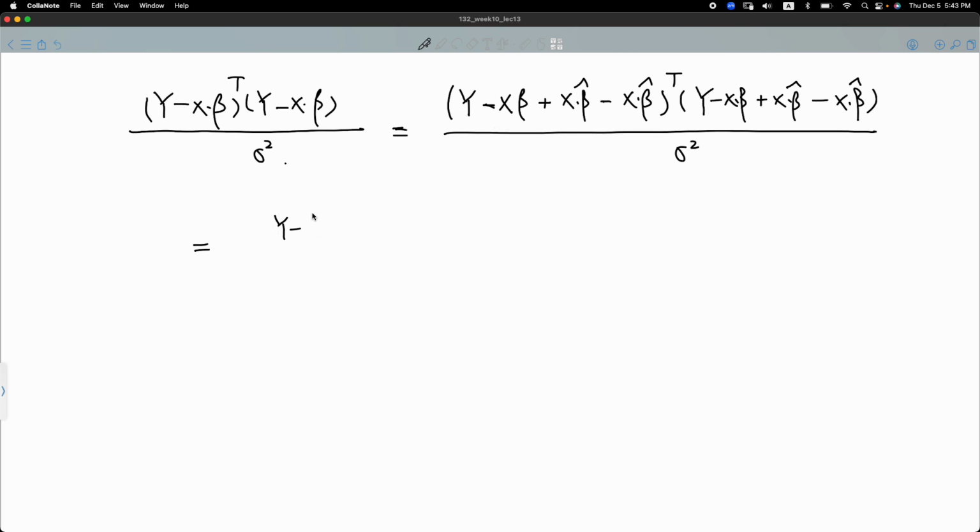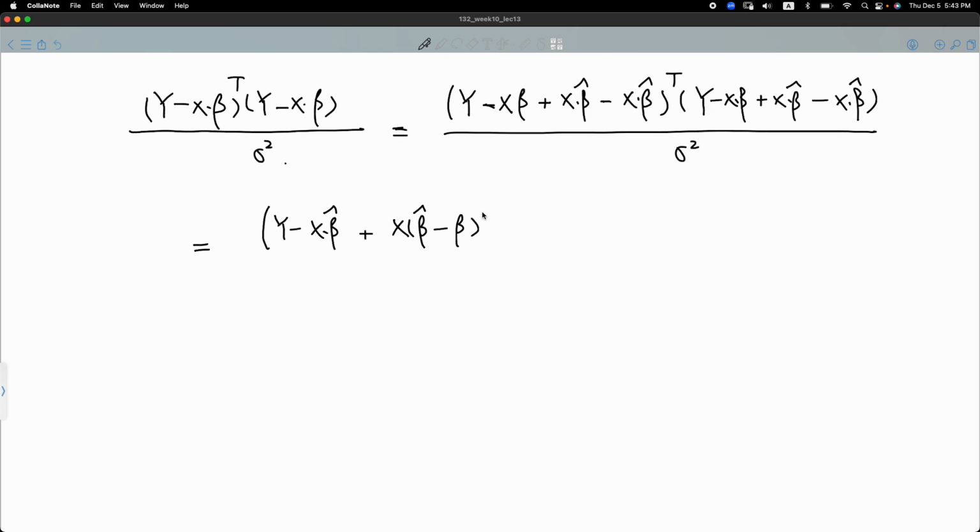So the Y minus one of the terms that we introduced, X beta hat here. So the data, or the response variables, minus the prediction from the model that we learned. And then we have the plus X, and I'm going to group the beta hat with the true beta here. So this is just the third term minus the second term. So we have the X in the front and then the beta hat minus the true beta.